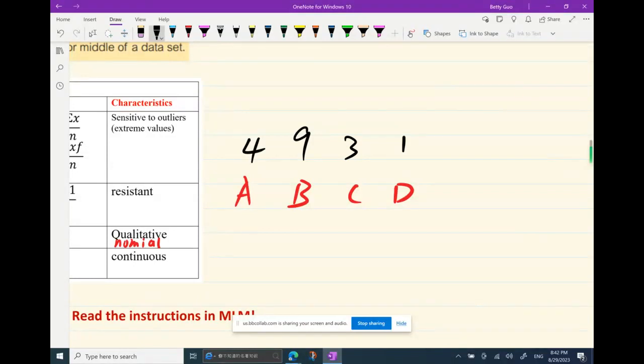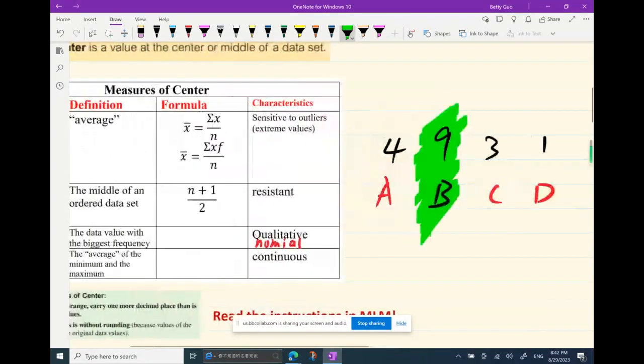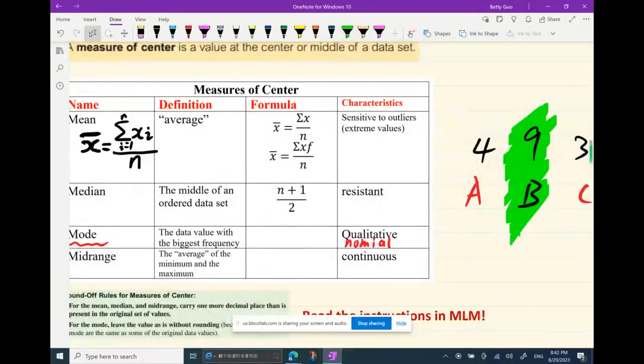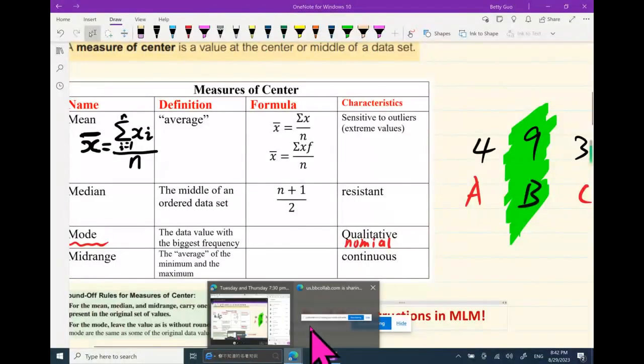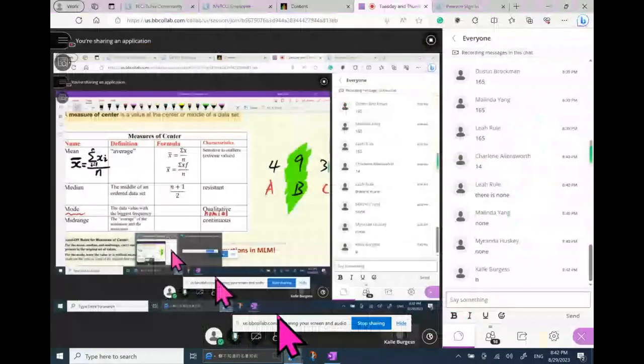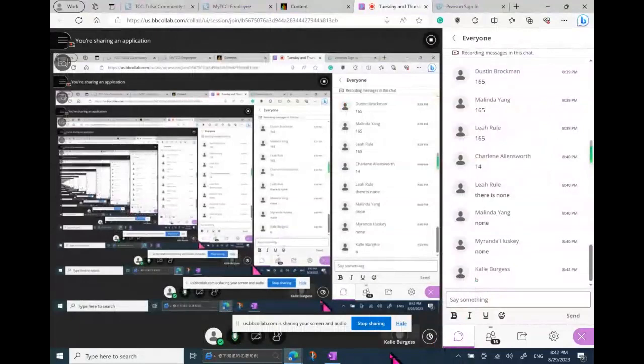Which candidate has the biggest frequency? Then B wins because that's the mode, right? That means the majority of people. That means people like B to be the leader. More people voted for B. Do you see what I'm talking about?